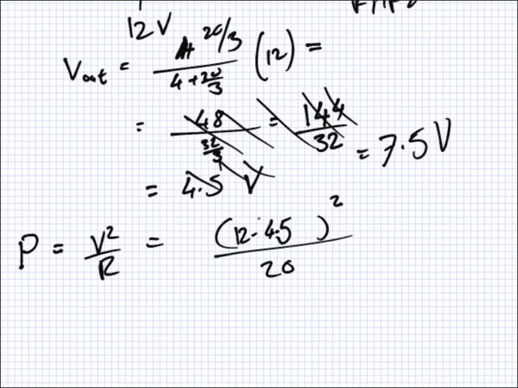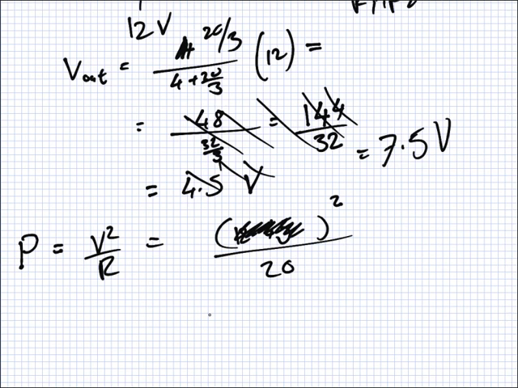So that changes this here, doesn't it? Thank goodness I have some students awake. So is that 4.5 squared over 20? Because the two voltages have to add up to make 12 still, because 12 goes in. So if 7.5 is on the out, then the other one must be 4.5, yeah?